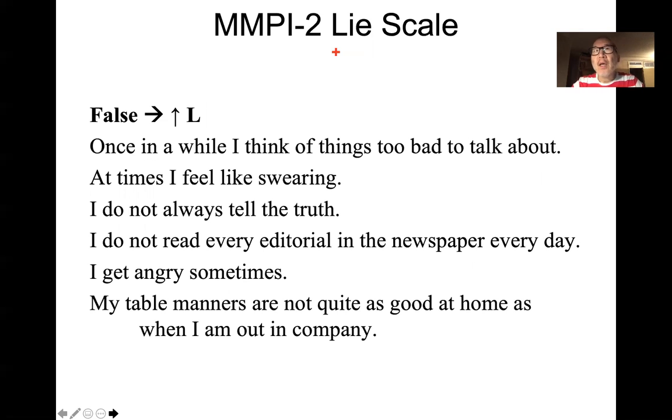Alrighty, let's look at one of the scales. This is one of the validity scales, which we'll talk about in a moment. It's called the lie scale. We kind of talked about it earlier when we were talking about faking and response styles. Now, as the lie scale suggests, it refers to one who is covering up, avoiding disclosing things, just like the word lie implies.